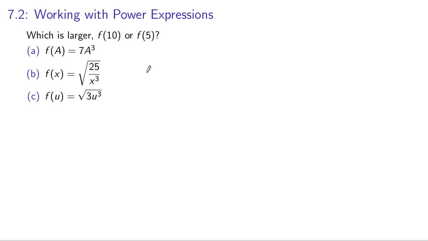Which is bigger, f of 10 or f of 5? We have the same constant, of course, since we're looking at f at different inputs.